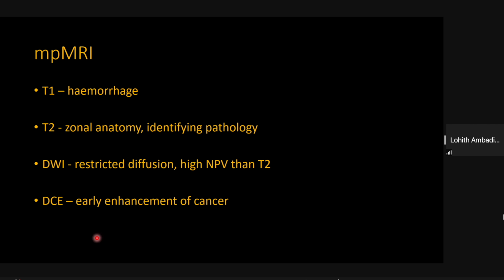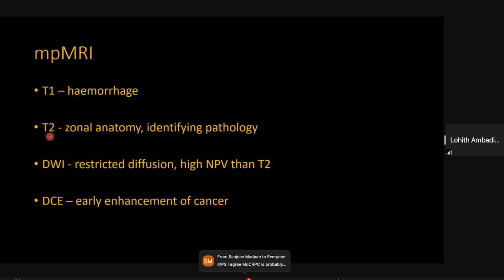Now, what do these sequences help us with? So the T1 sequence mainly shows us hemorrhage if there is any. It also gives us an overview of the general anatomy. We can pick up lymph nodes. We can evaluate bone marrow.